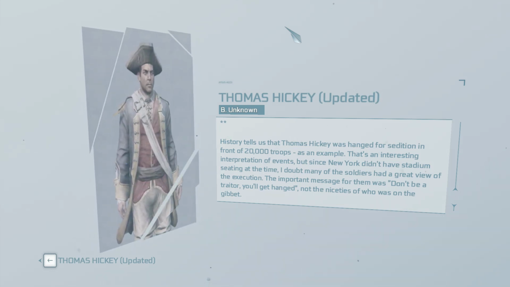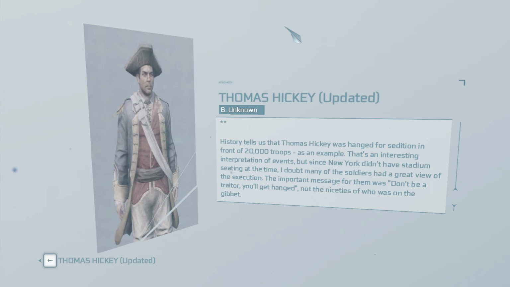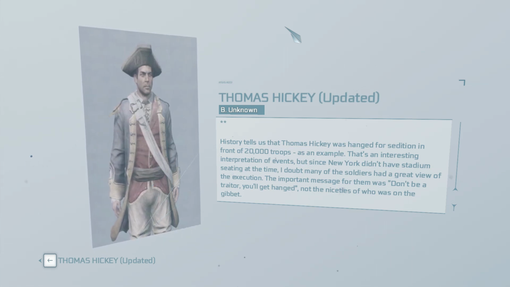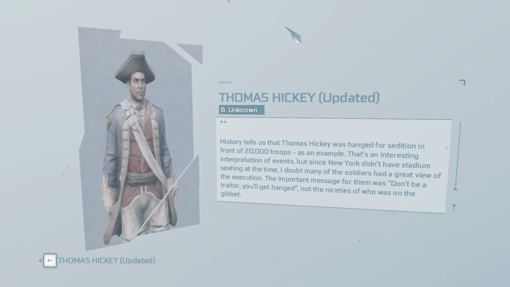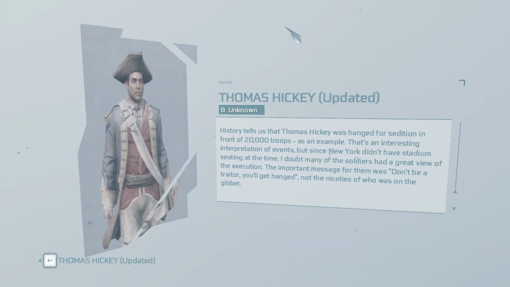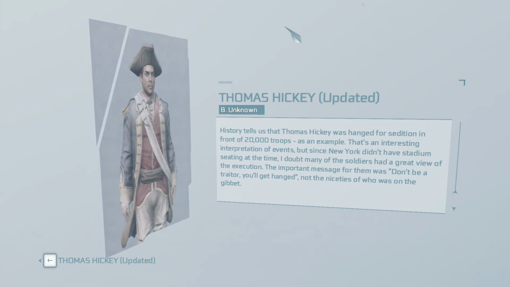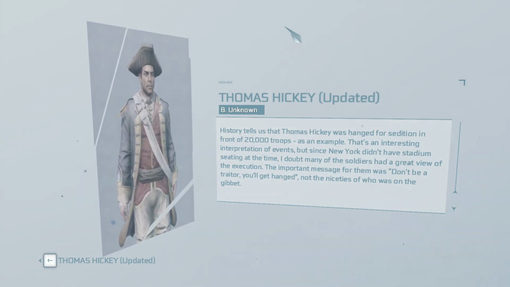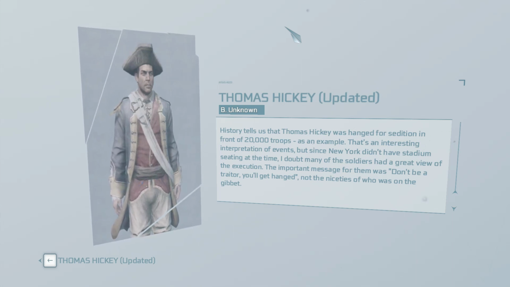That's an interesting interpretation of events, but since New York didn't have stadium seating at the time, I doubt many of the soldiers had a great view of the execution. The important message for them was, don't be a traitor, you'll get hanged. Not the niceties of who was on the gibbet.